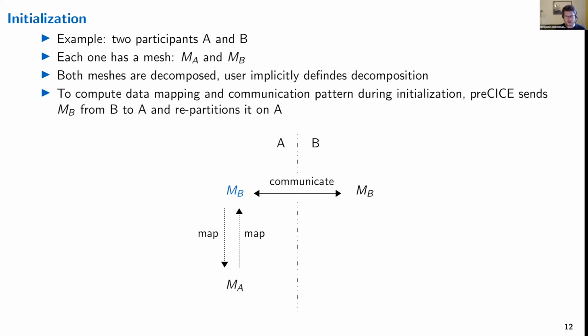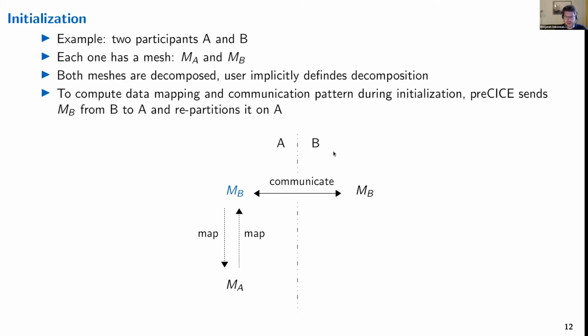And now in order to set up the coupling, what preCICE does is it computes the data mapping and the communication pattern. And this happens by sending one of the two meshes to the other participant and repartitioning there.